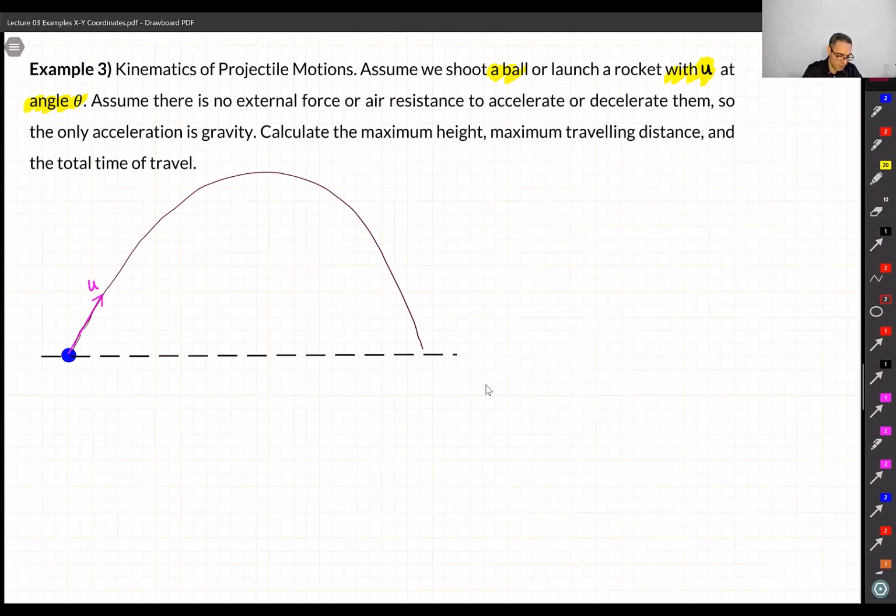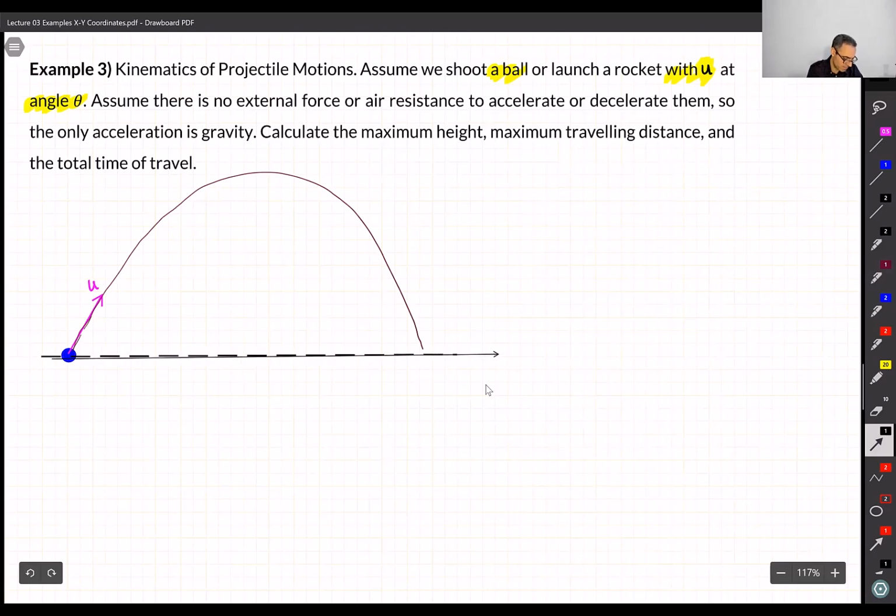This is all the information that we have, and we also know the angle. Maybe to solve this problem, let's use X and Y coordinates. So I'll set my X coordinate here, and then I'll set my Y coordinate over there. And we know this angle is theta.